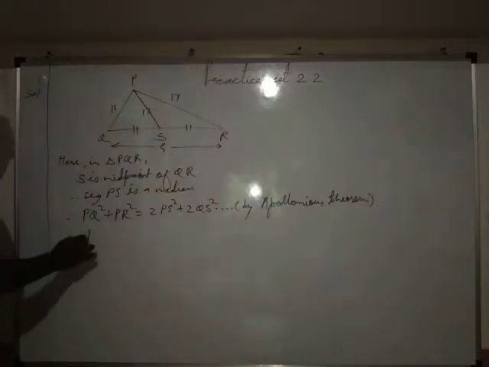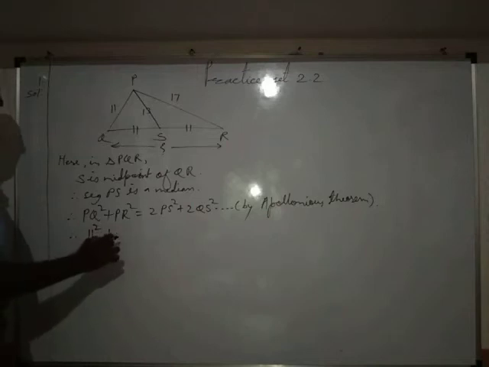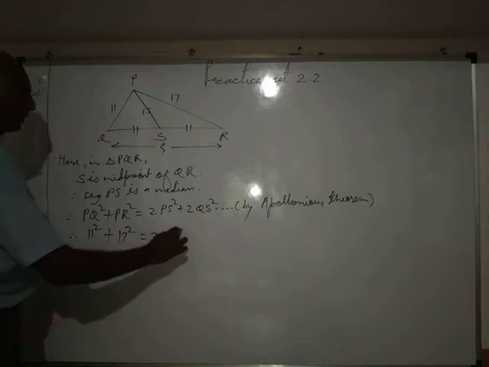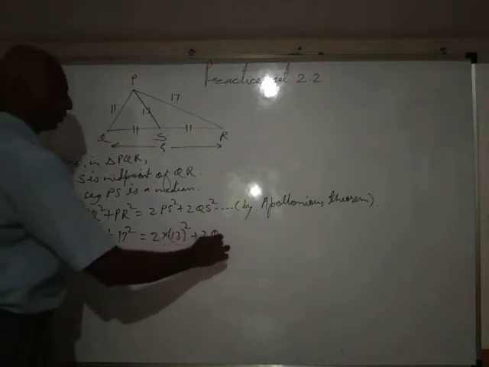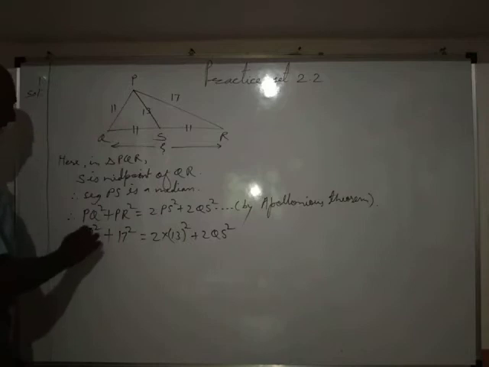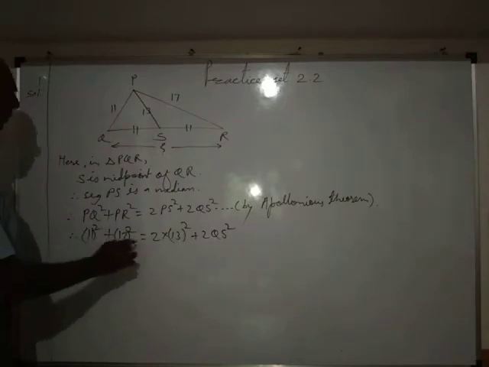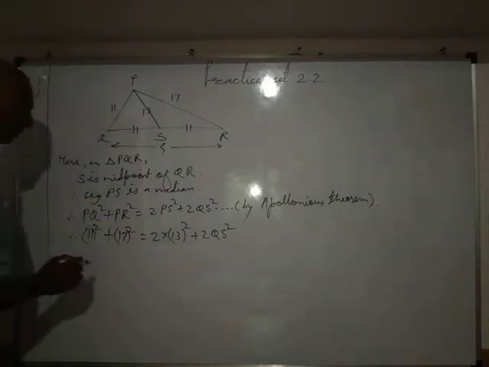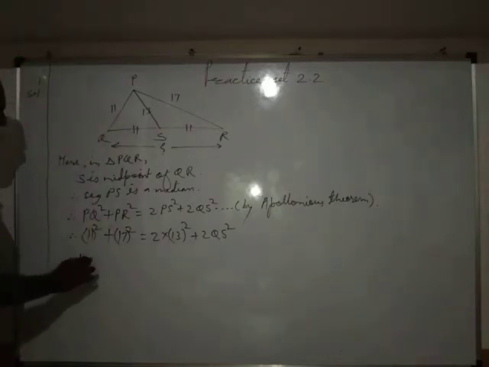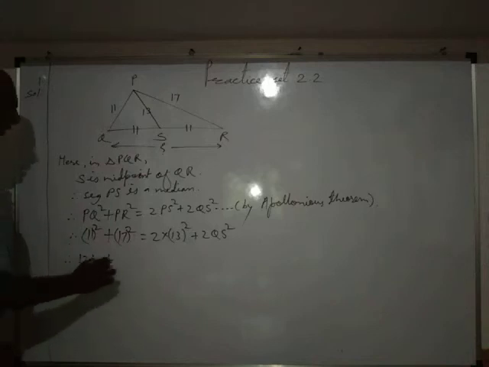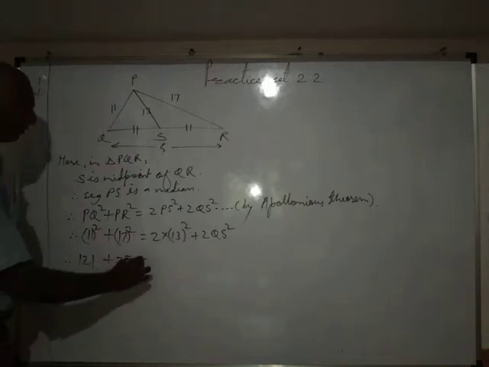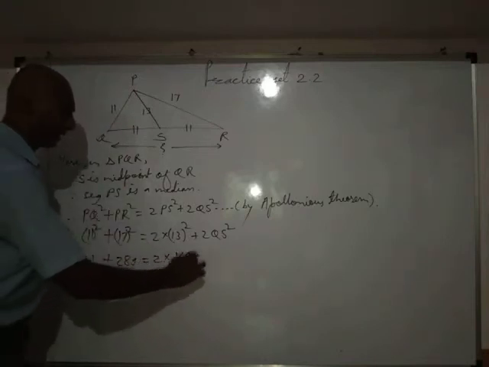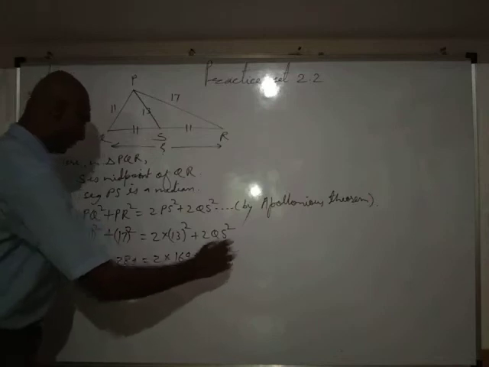And therefore 11 square plus 17 square equals 2 into 13 square plus 2QS square. And therefore square of 11 is 121, square of 17 is 289, equals 2 into square of 13, 169, plus 2QS square.